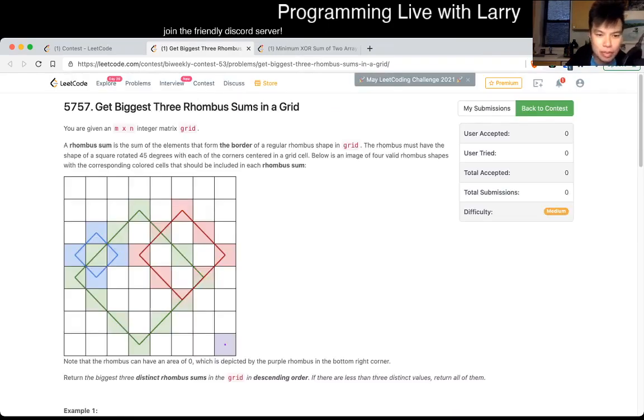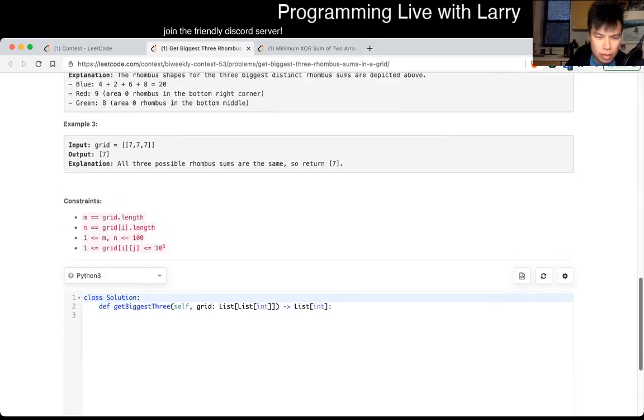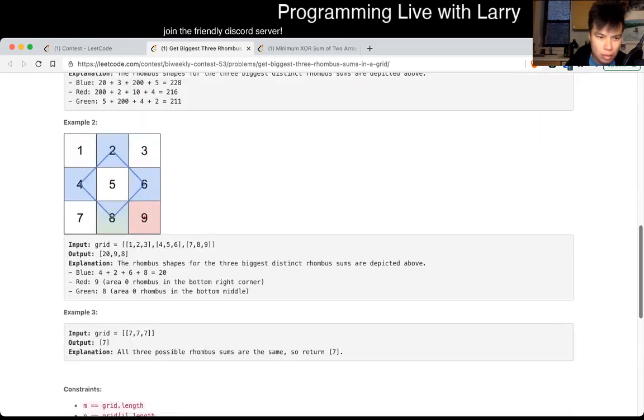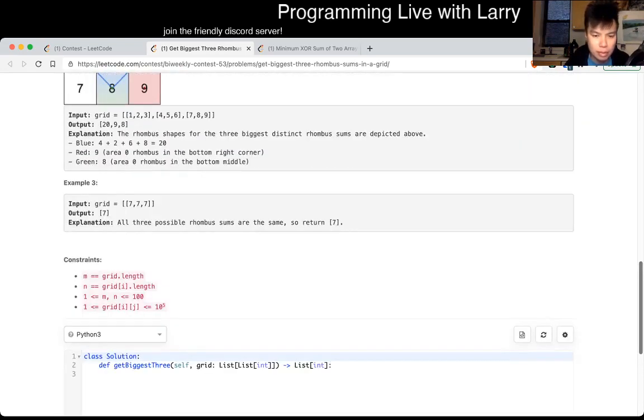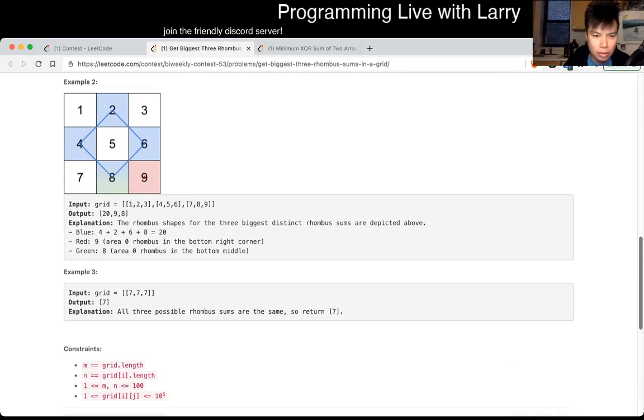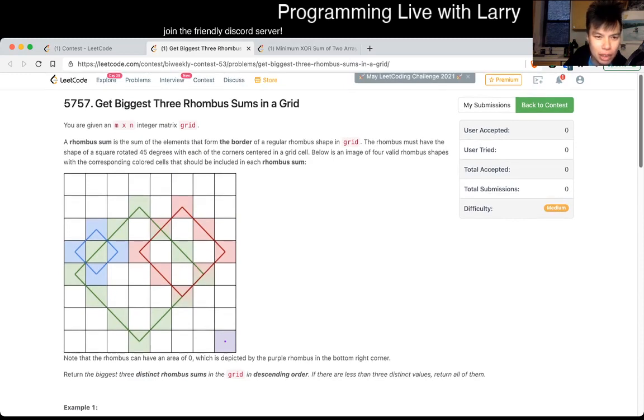Oh, what? Say what? Really, a rhombus is just a square that's rotated, right?